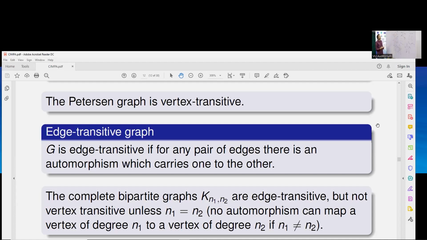Now I'm asking, is there an automorphism which carries this edge to that one? I'm just going to show it on two edges, but it will work for any combination which you take. Can this edge go to this place? You will easily find that yes, it can. Let's illustrate it.